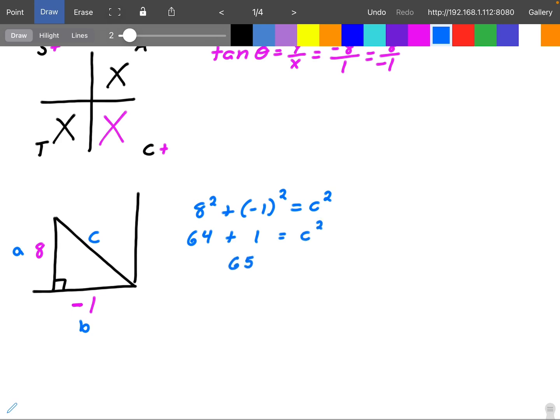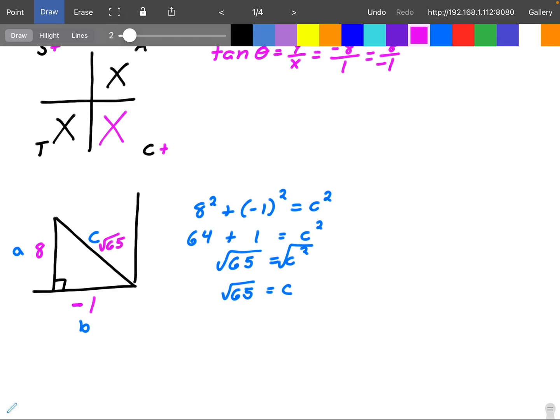So then that gives us 65 is c squared, and so the square root of 65 is C. And then again, you have to check and make sure, can that be simplified or not? And 65 cannot be broken down into anything that will simplify. So our hypotenuse is going to remain the square root of 65.